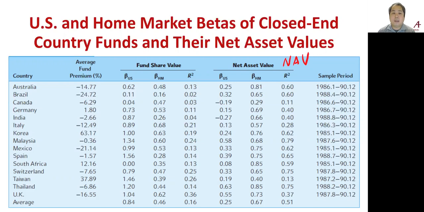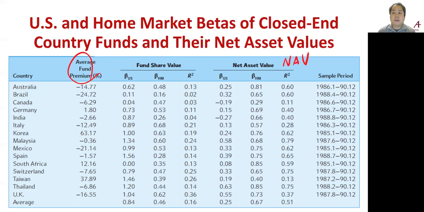The table provides the magnitude of the premium, in the first column, or discount for the sample closed-end country funds. As shown in the table, the average premium varies a great deal across funds, ranging from 63.17% for the Korea fund to negative 24% for the Brazil fund.